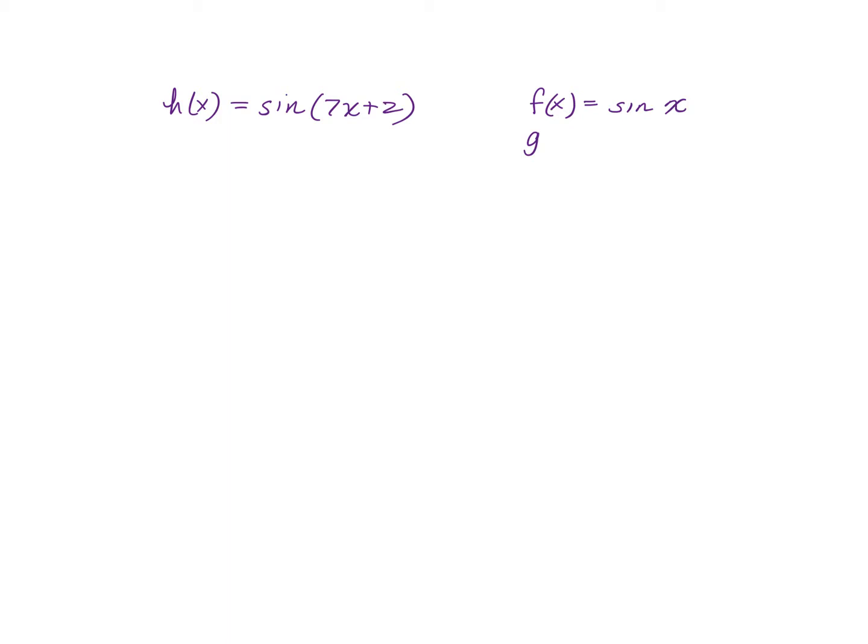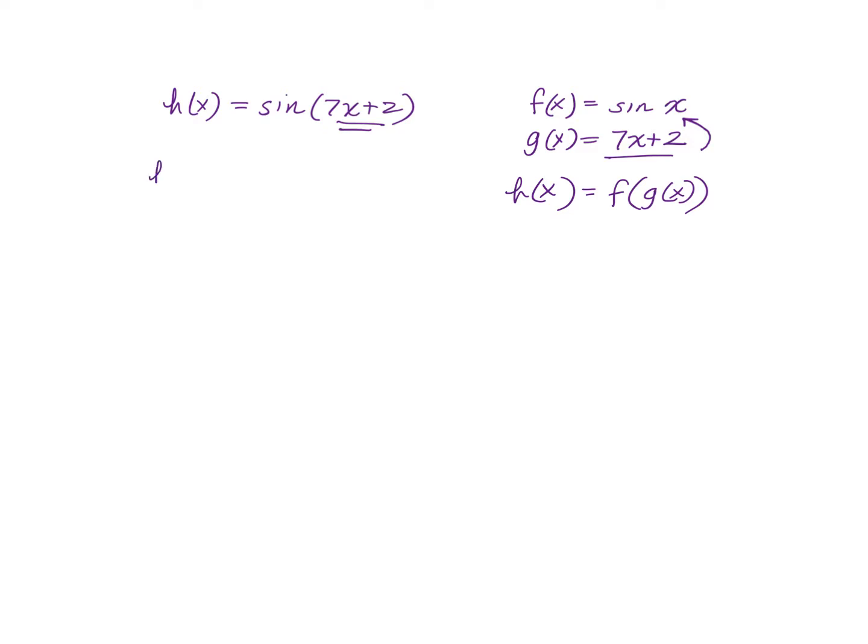And our inside function is g of x equals 7x plus 2. So I could rewrite h of x as f of g of x, couldn't I? That means I'm taking g of x and I'm plugging it in wherever there's an x into f of x. All right, and you can see that that's identical to what we have here.